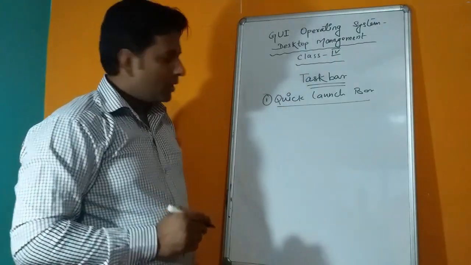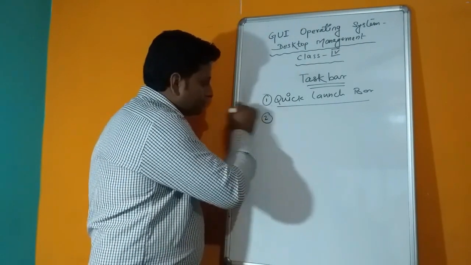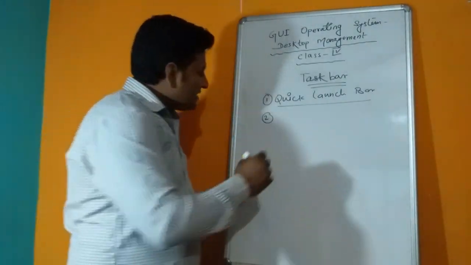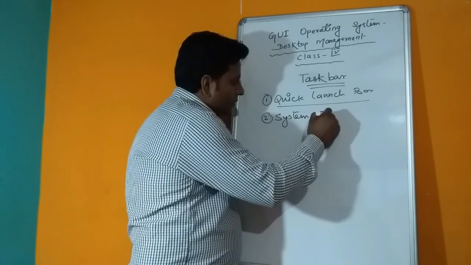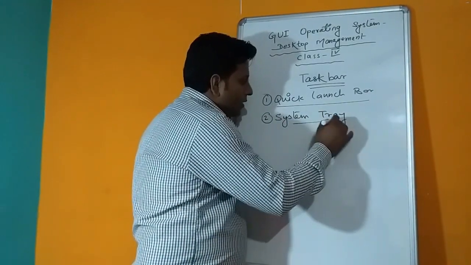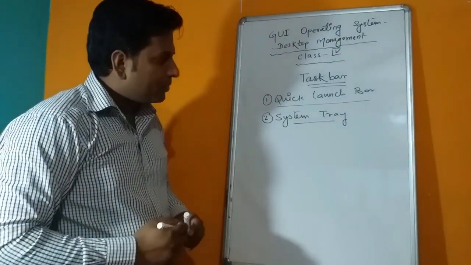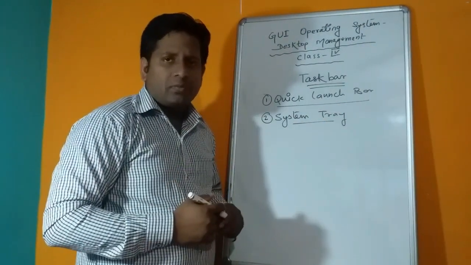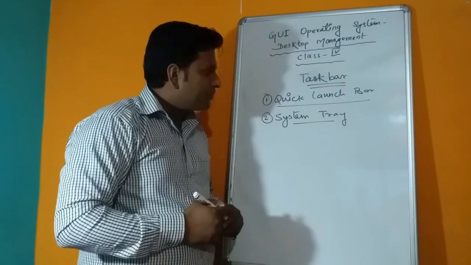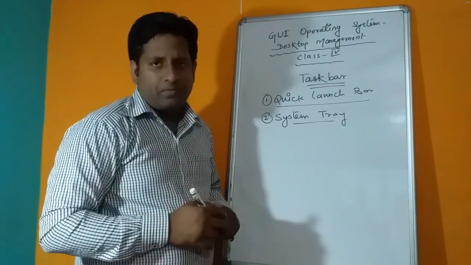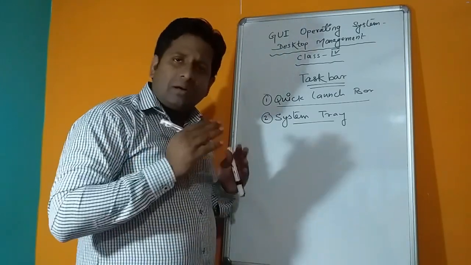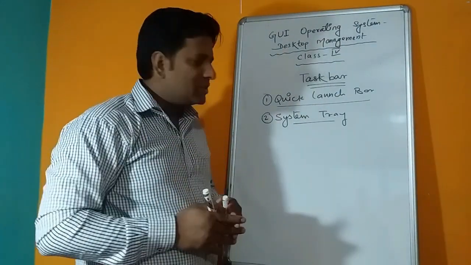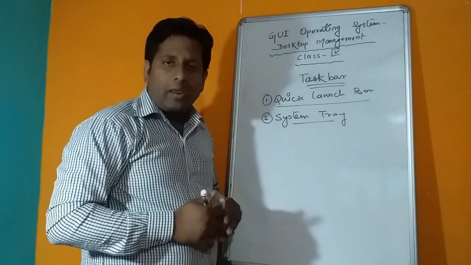Then point number two is the system tray. At the other side, you'll get date and time. Date and time settings are available in the taskbar, and that option is known as the system tray.